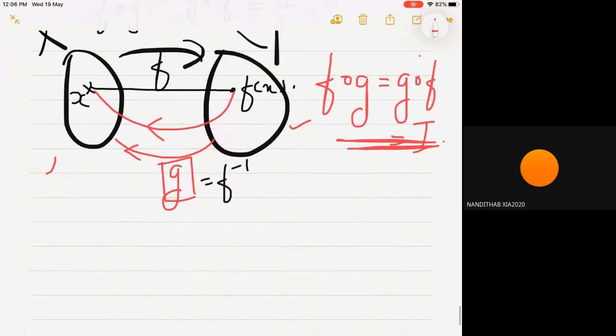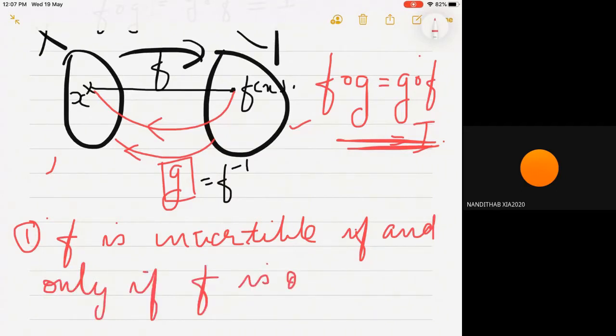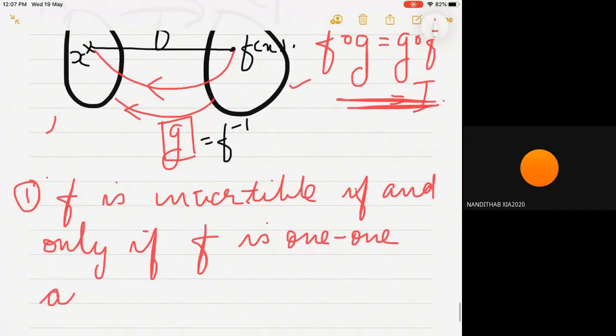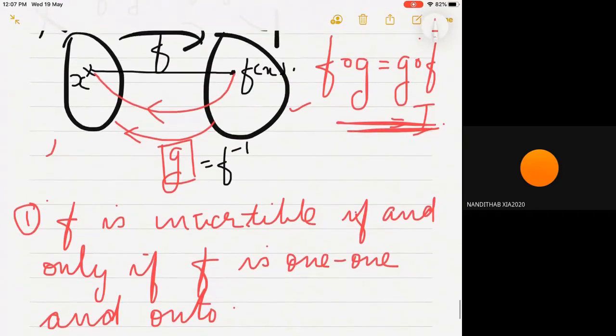Now, one thing which I've learned is that f is invertible if and only if f is 1-1 and onto. If f is 1-1 and onto, then only the inverse g becomes a function.